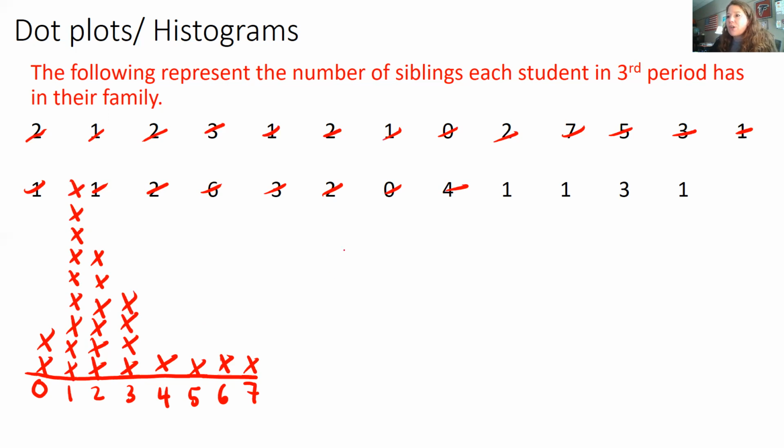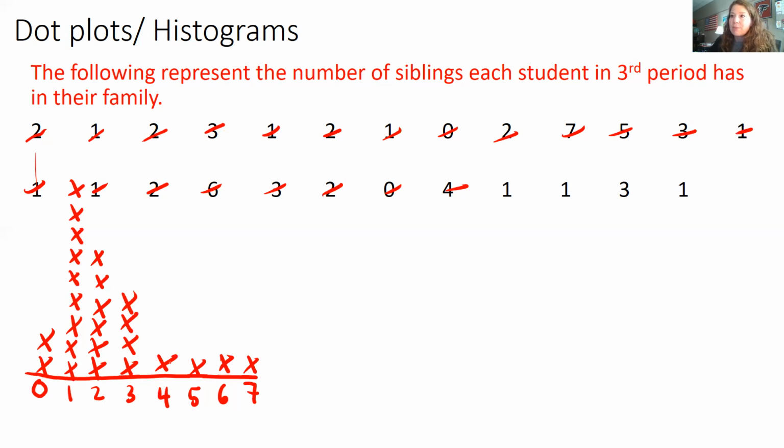All right, so you always go back and count how many numbers you started with and then how many you recorded, okay? So I have 2, 4, 6, 8, 10, 12, 14, 16, 18, 20, 22, 24, 25. So each X, or if I use dots, I could have used dots, each dot or each X represents a person that was asked.